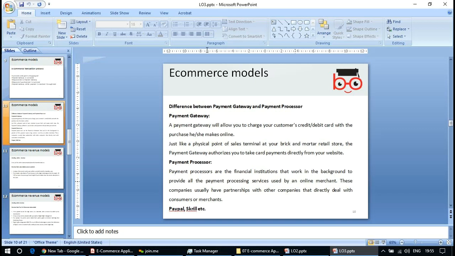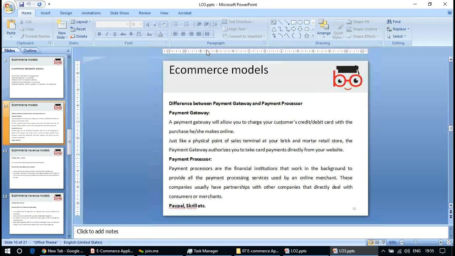That's what PayPal does. So if I pay you through PayPal, the money would never go to your bank directly. No, it doesn't. It would go to your PayPal, and then you need to withdraw. So that's basically the payment processor. Like PayPal, Skrill, they work in this way.